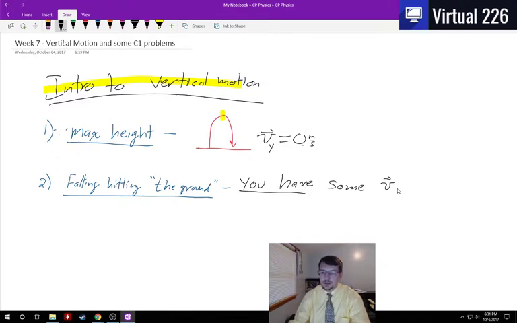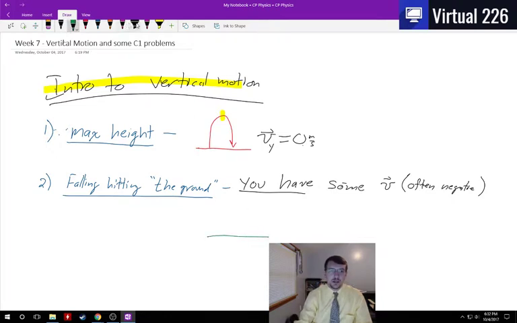It is some number. It's often a negative number. This just makes sense because if you create some scenario where, here's the ground and here's you drawn with the calligraphy pen, falling towards it, when you hit that ground, or whenever you're approaching this ground here, you have some negative velocity, assuming that the down direction is negative, okay?